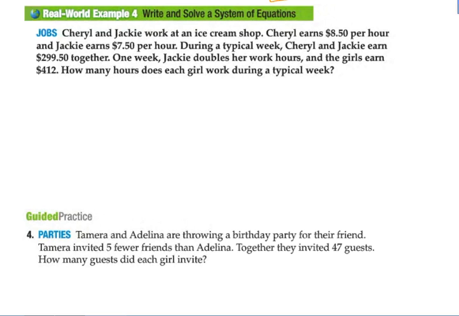Well, let's go back and again do this in chunks. The first one we see is that Cheryl earns $8.50 per hour, Jackie earns $7.50, and they earned in that week $299.50 together. So $8.50 for Cheryl plus $7.50 for Jackie gave us $299.50 together.